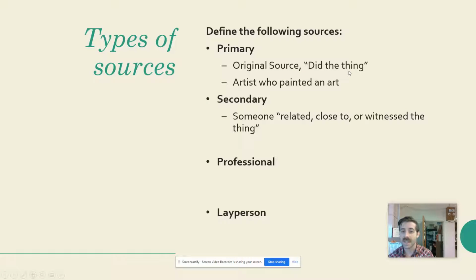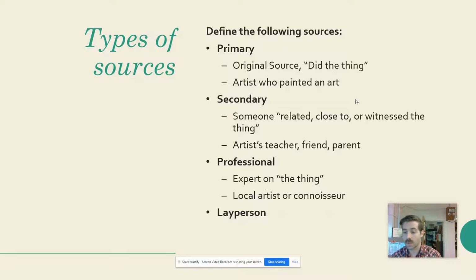A secondary source would be someone who is related or close to or witnessed the thing, whatever the topic of our subject is. So it might be that artist's teacher or their friend or their parent. Those could all be secondary sources, someone who's close but didn't necessarily do the thing themselves. Professionals are like experts on that thing. This could be a local professional artist, or it could be a local connoisseur of art who could give us some frame of reference on this piece of art or this artist.